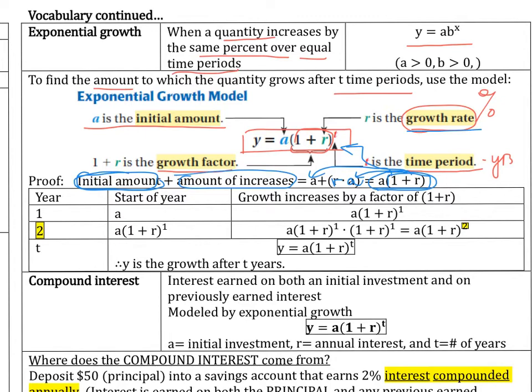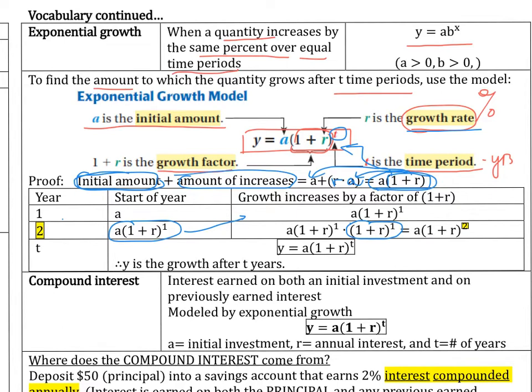So you must be wondering where the t comes from. Well, for the first year, or the start of the year, the growth factor would just be 1 plus r to the first power times a. And for the second year, you would take what you have from the previous year, and then you need to multiply by another growth factor, 1 plus r to the first power.